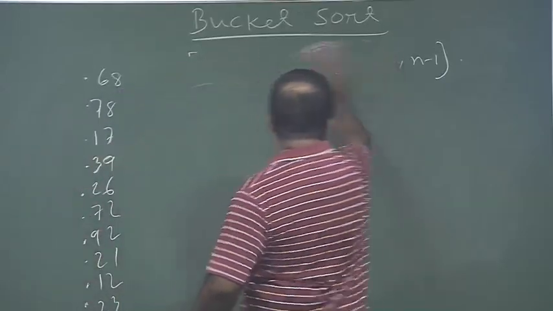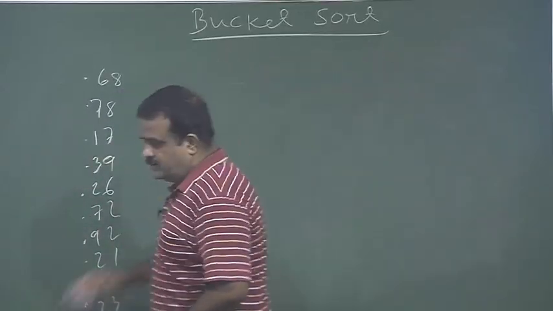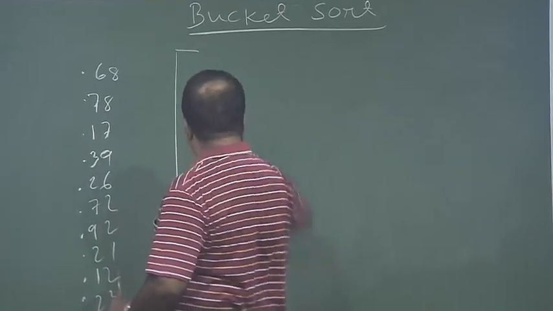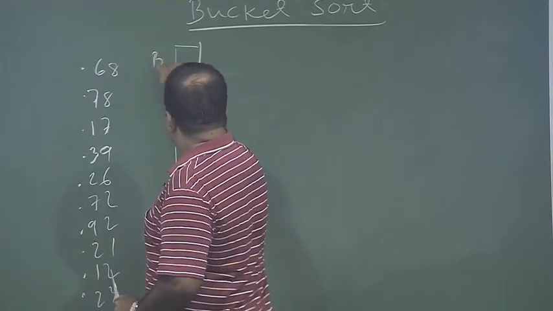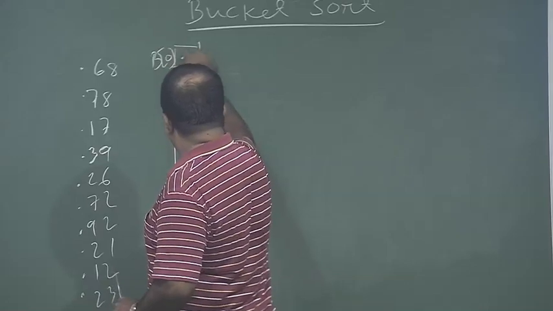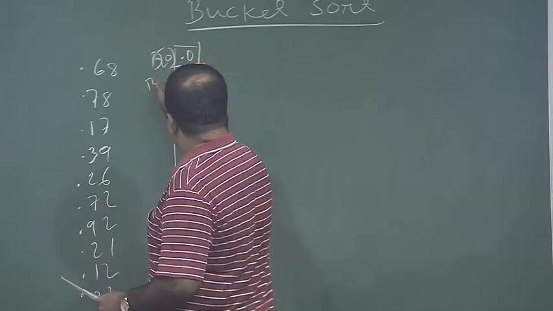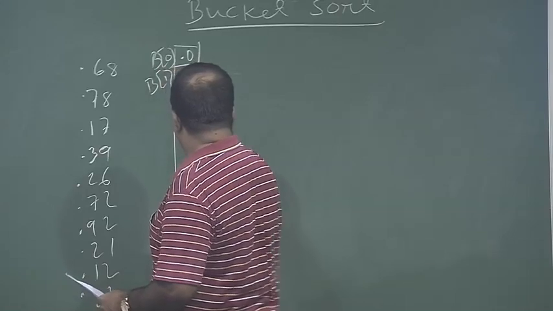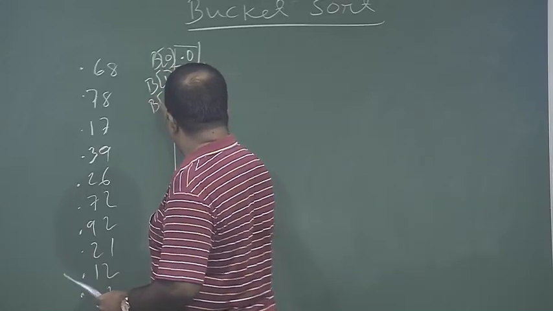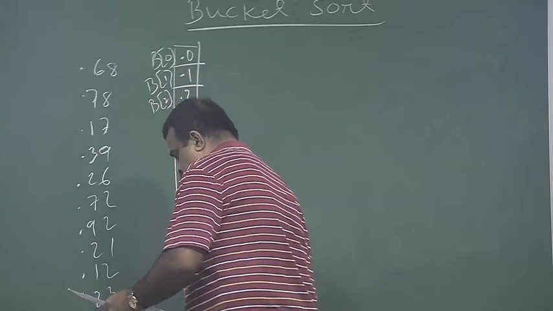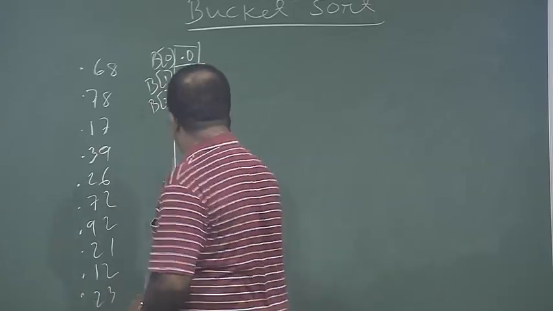to 0.1 like this. So, we have B 0, which is basically the 0.0 bucket. Then B 1, 0.1, B 2, 0.2, and so on, I mean 0 to 9.